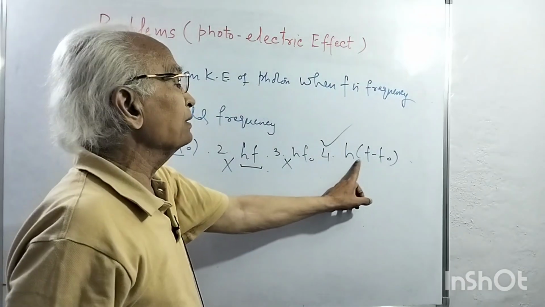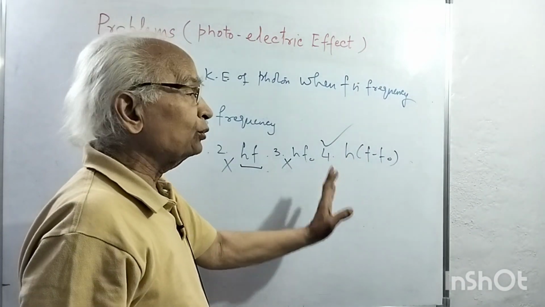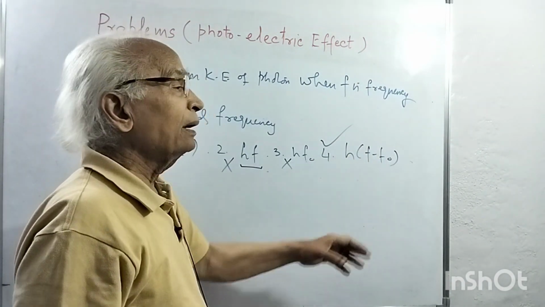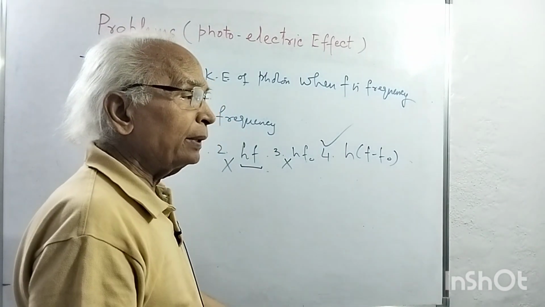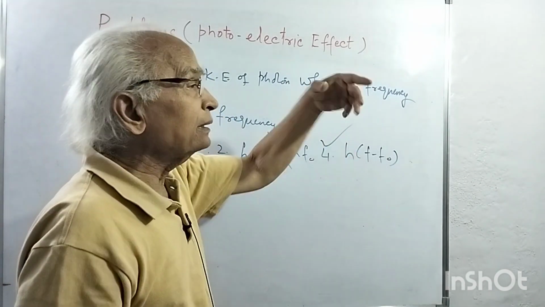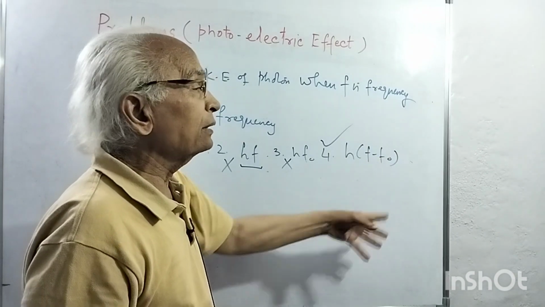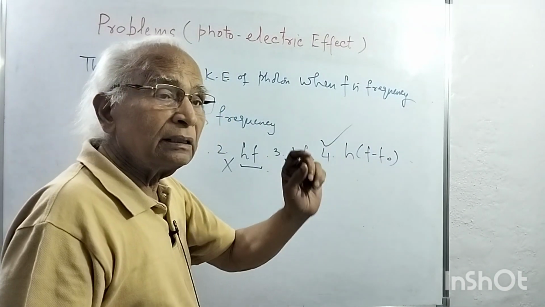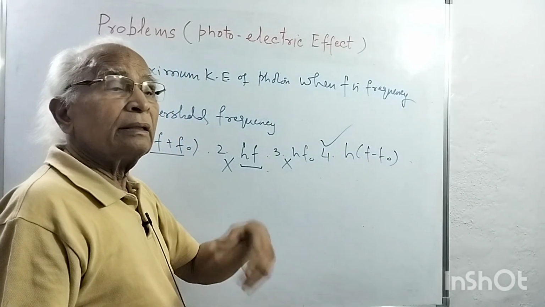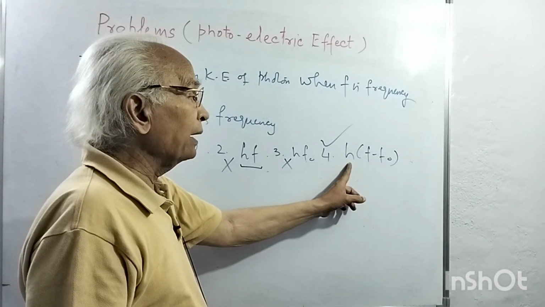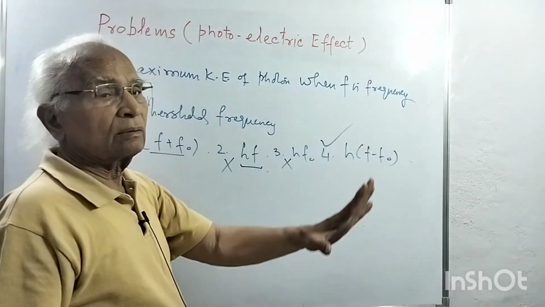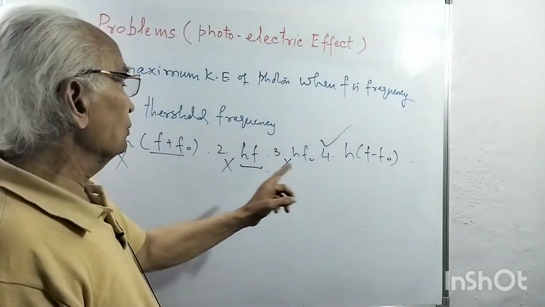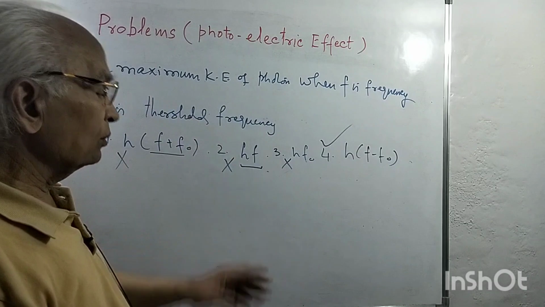This is the work function, this is the photon energy hf you are applying on the metal plate, which ejects the electron. So hf naught is used to remove the electron, and hence the maximum kinetic energy of the ejected electron will be h(f minus f naught), and not hf naught or hf. No, it is not correct.